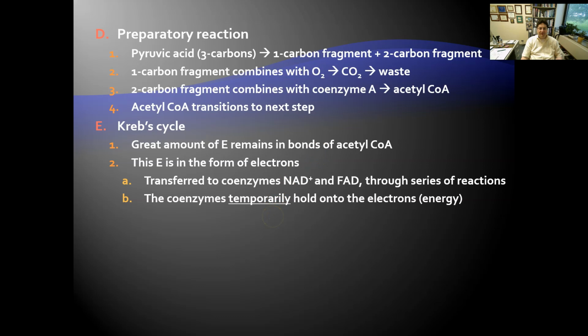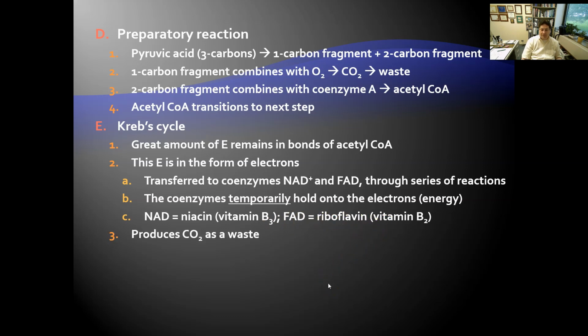Remember, these coenzymes are temporarily holding on to electrons, so they represent temporary energy. To put this in perspective for you, NAD is also called niacin or vitamin B3. And FAD is also known as riboflavin or vitamin B2.